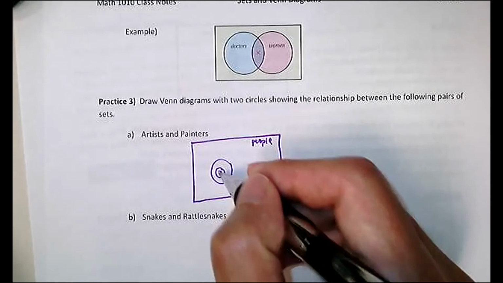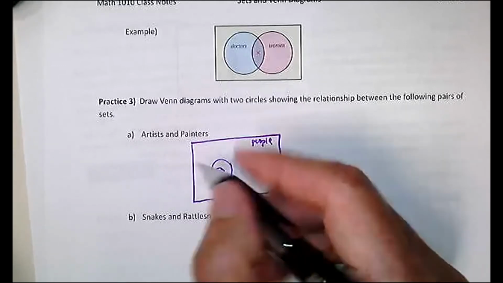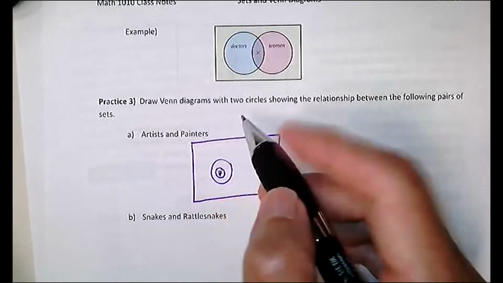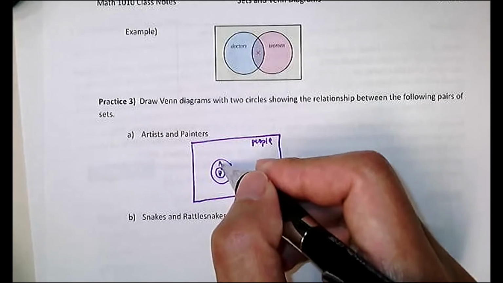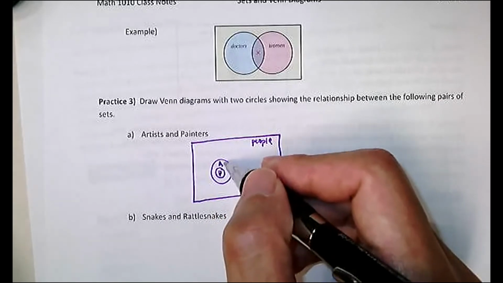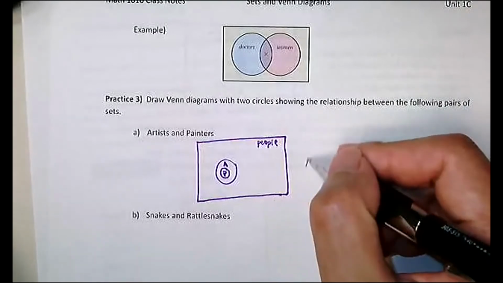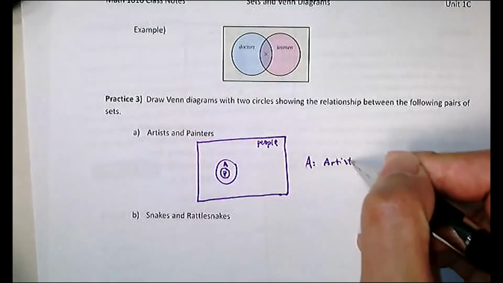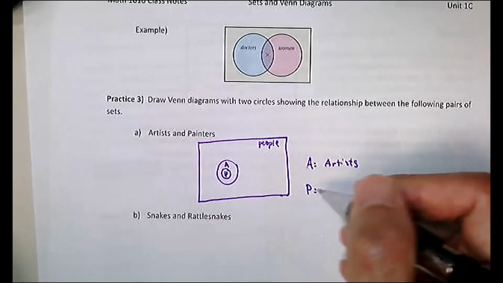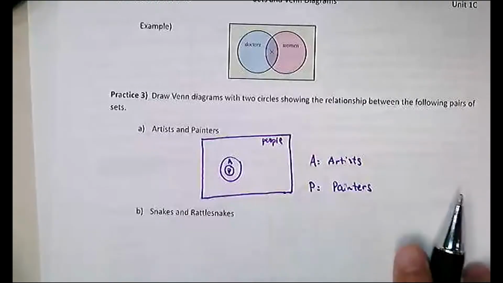I just use P because I don't have enough space to write out the whole word painters. I just write A to denote artists. Okay, let me be clear. A means artists. P means painters.